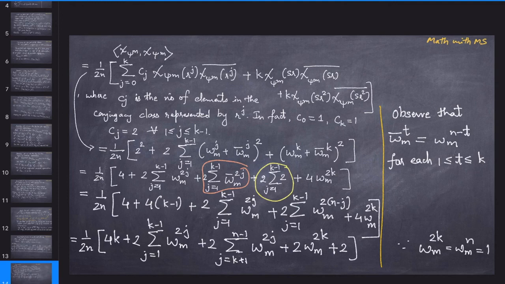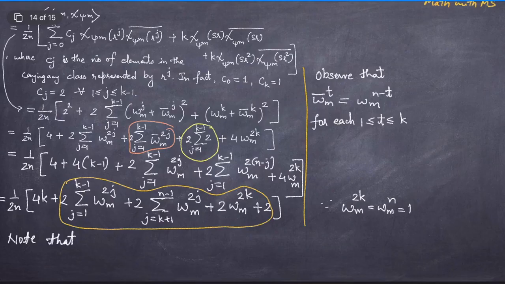Now observe the following. Consider this sum. This is simply 2 times sum of powers of omega m square, where the powers go from 0 to n minus 1, right? And omega m square is also a non-trivial nth root of unity. Therefore, this expression is 0.